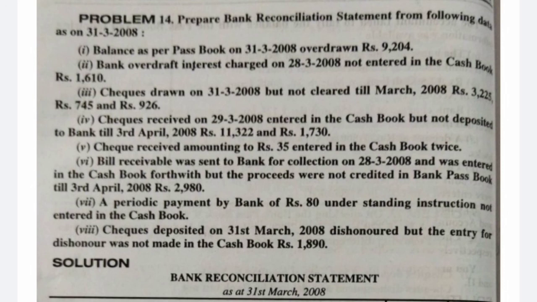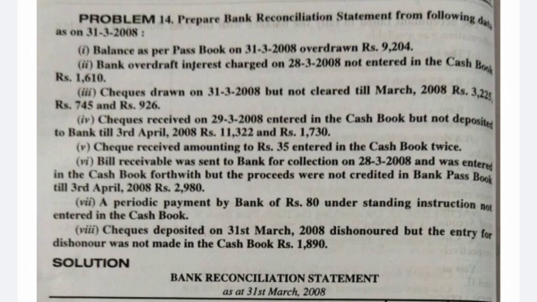Therefore, the passbook still remains to show the increased side of receipts, because the payment has not been met by the banker for the checks drawn. The receipts are not reduced by rupees 3225, 745, and 926. The passbook remains to show the higher balance. Therefore, we need to add the amount, that is 4896. 3225 plus 745 plus 926 comes to 4896.